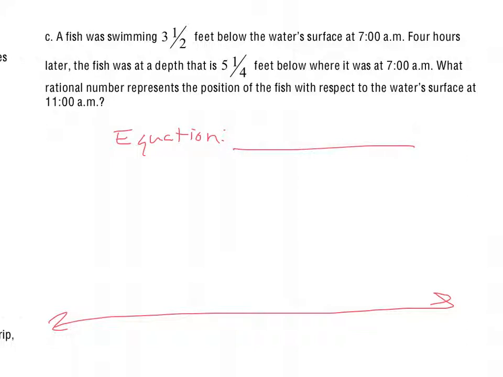So looking at the equation, we're already 3.5 feet below sea level, so we're negative 3 1/2. Alright, it's 5 1/4 feet below where it used to be, so it's an additional negative 5 1/4.